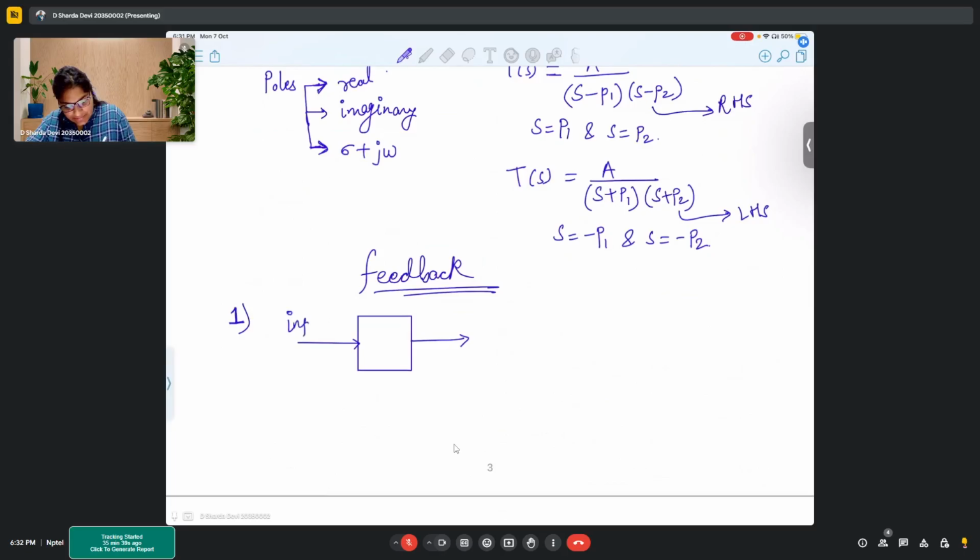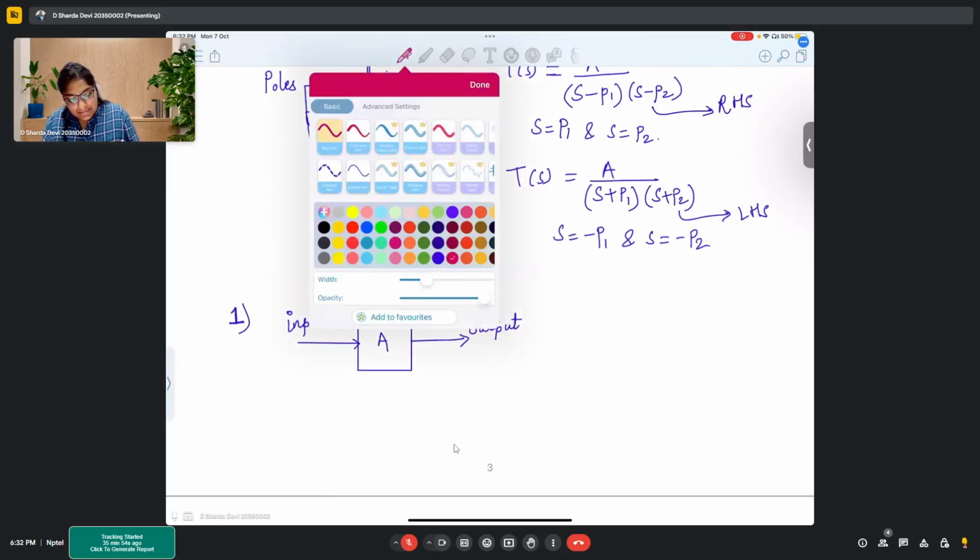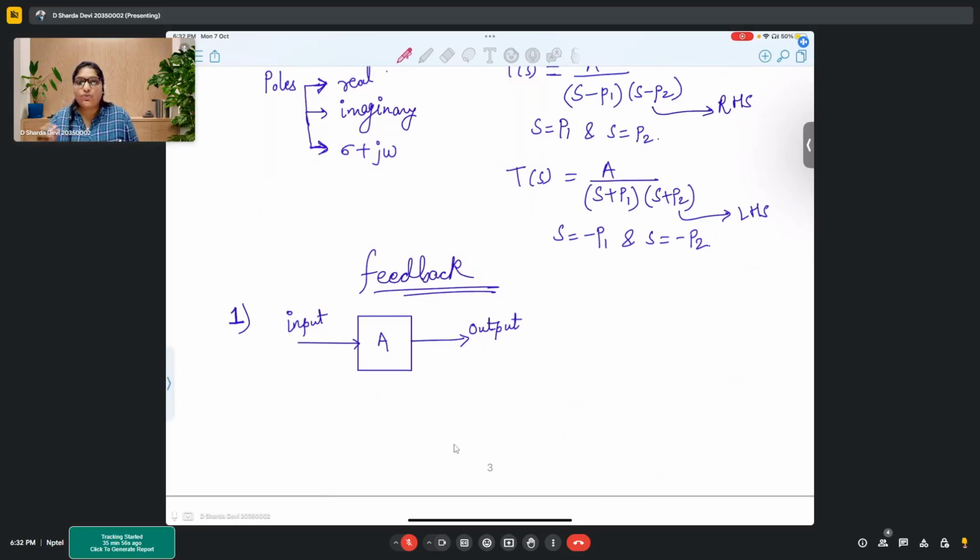So this is a simple system where you give your input, you get an output, and this particular system has a gain of A. Okay, this is the basic system that we all know. Now, let's say I provided a feedback. What is the meaning of feedback? Basically, you take some portion of your output and you feed it to the input as an error function.